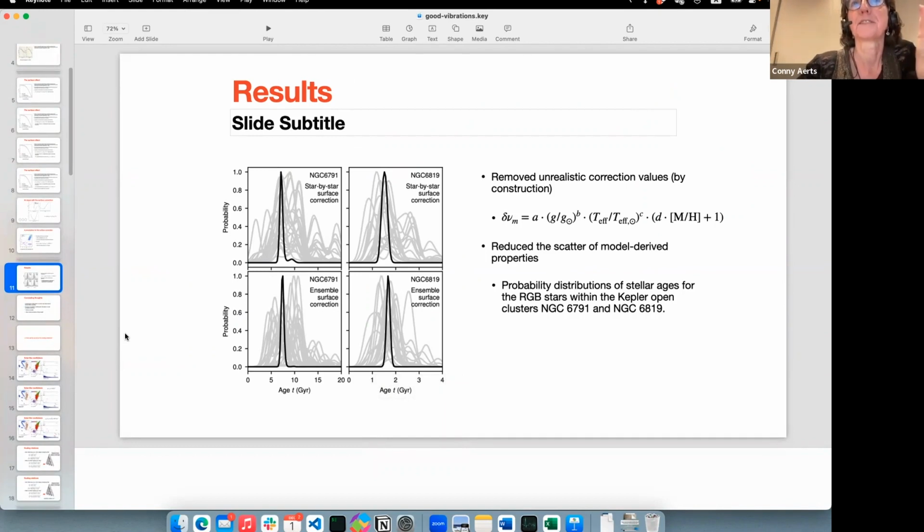In terms of correction. Did you look at these differences and try to connect them with the physical properties of each of the stars? Because you could learn something from that. You see what I mean?